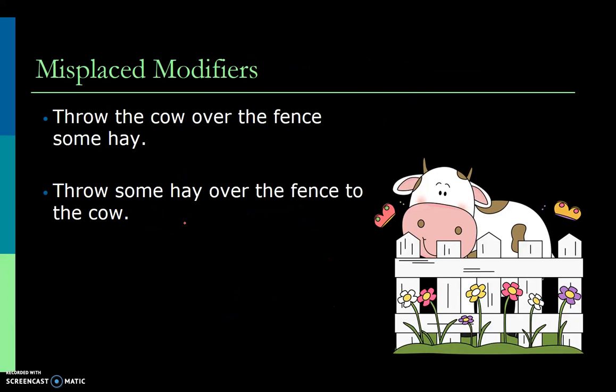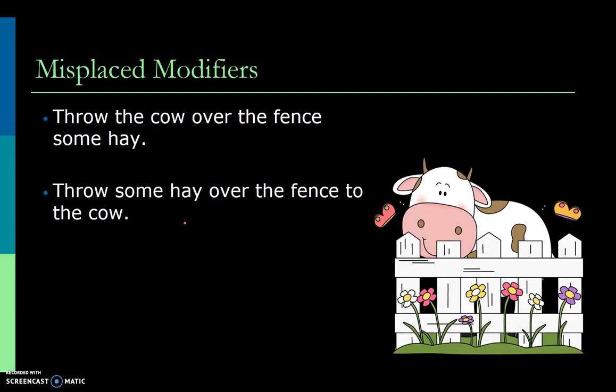Now be careful for any misplaced modifiers. Like I said, it's very important to put the modifier as close to the word it's modifying as possible. So if we take a look at this first sentence, throw the cow over the fence some hay, and I couldn't find a picture of somebody actually trying to pick up a cow and throwing it over the fence, but really that's what the sentence is saying.